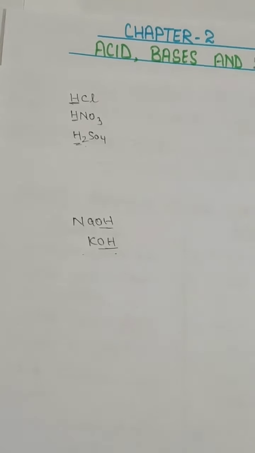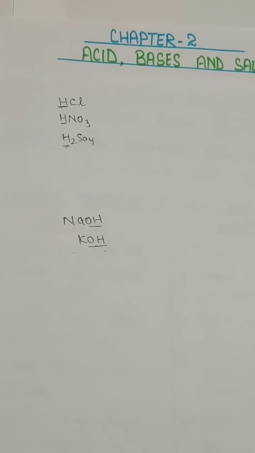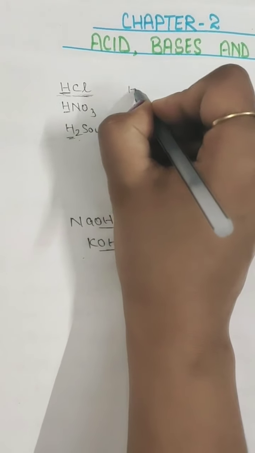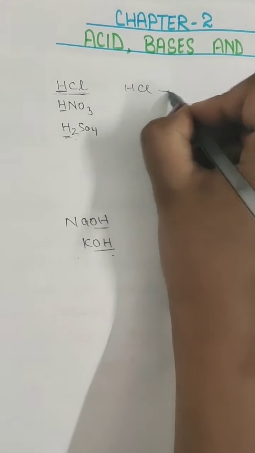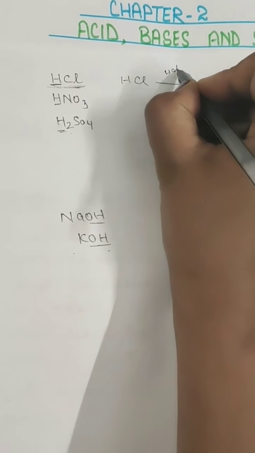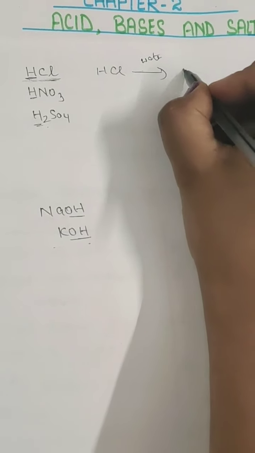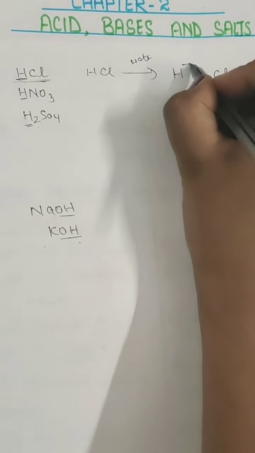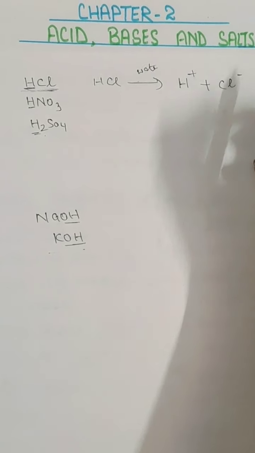So what are this hydrogen ion and hydroxide ion basically? When we dissolve this compound, which we are calling an acid, in water, what will happen? It will dissociate into its ions, that is hydrogen ion and chloride ion.